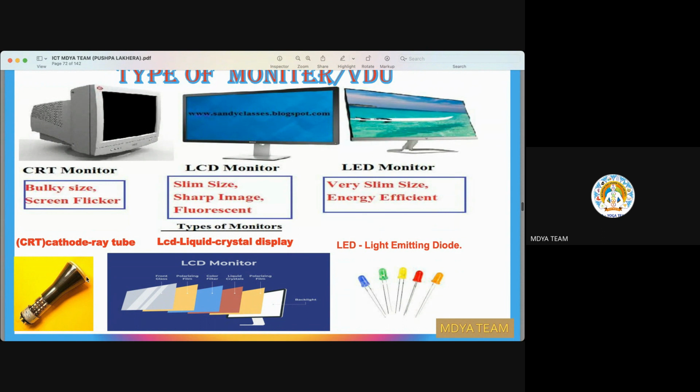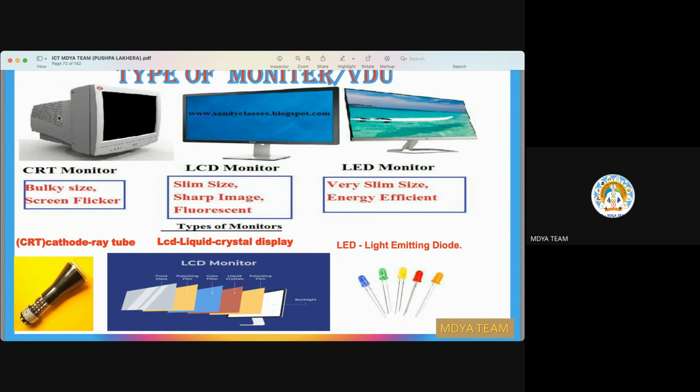Now this is the screen. For such a small screen, you need that much assembly. The whole tube is a vacuum tube, and all the cathodes and anodes are placed here.